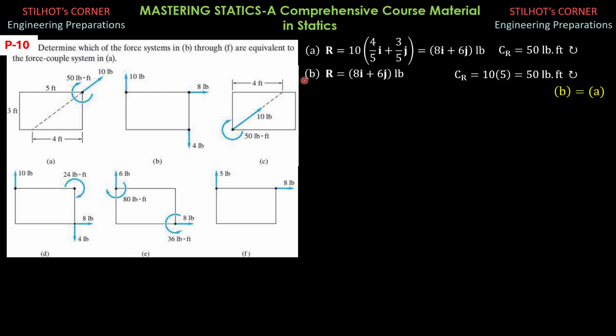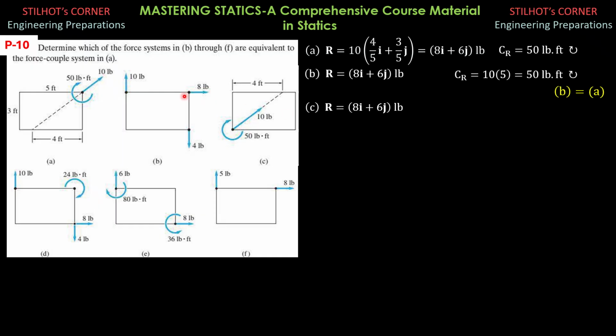So 6 times 1, then we add the moment due to the original couple of 50. So it is Ry, 6 pounds, times moment arm 1, plus 50 equals 56 pound-foot. So R is 8i plus 6j. I already explained that: same inclination, same horizontal and vertical components.